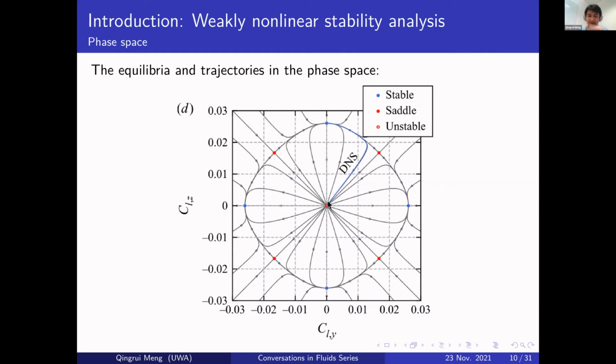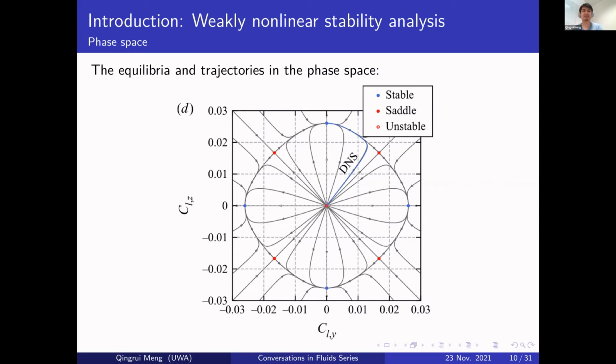That's the red open circle. By our calculation, we will obtain another 4 stable fixed points, located along the horizontal and the vertical axis. Meanwhile, we also have 4 red points at the saddle fixed points.